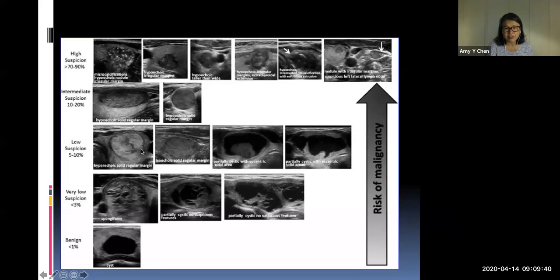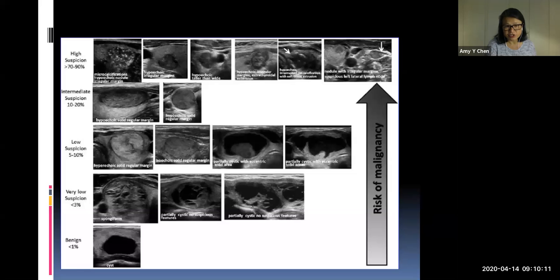And then the low suspicion ones are the hyperechoic or isoechoic, which means they're essentially the same color as the rest of the thyroid gland, or a little bit brighter than the rest of the thyroid gland. Here we have some that are partially cystic with an eccentric solid area. And I'm sure you guys have seen some of these in your clinic, or even, if you don't do ultrasound in your office, you can see it on the radiology films themselves.